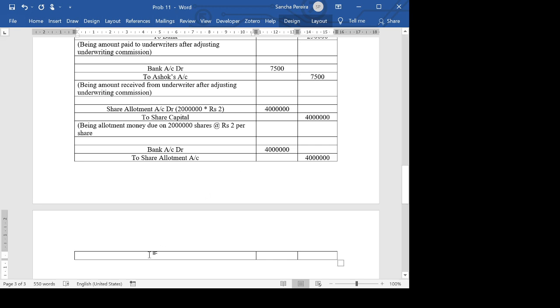Being allotment money received on 20 lakh shares at the rate of rupees 2 per share.